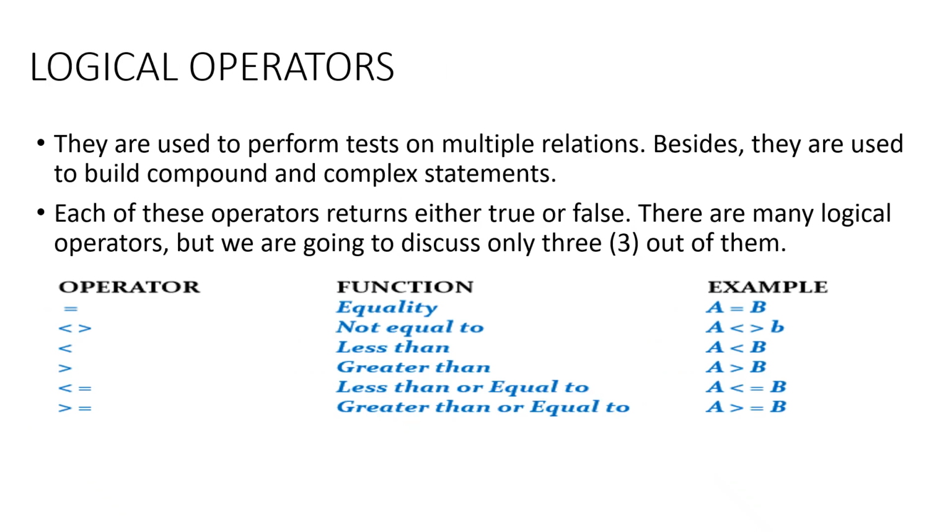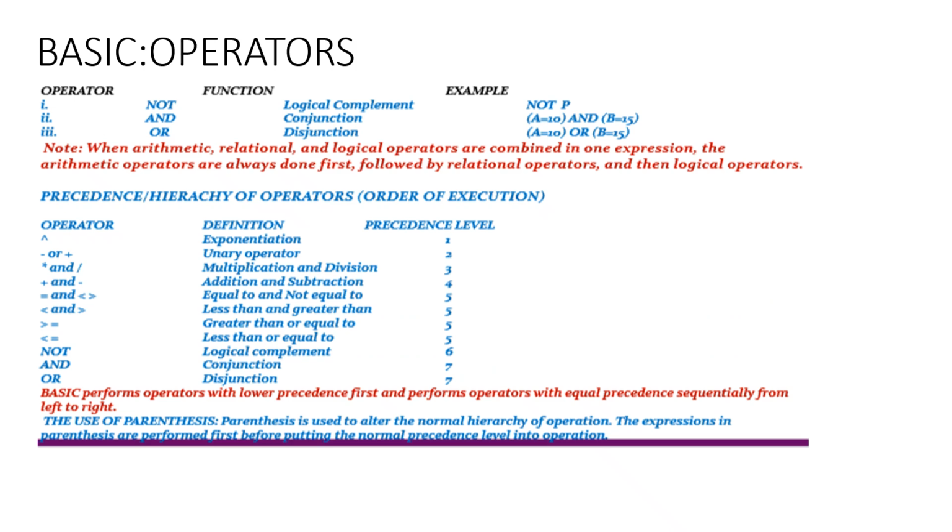Then we have the logical operators. Logical operators are used to perform tests on multiple relations. What they do is that they return either true or false, and these are the examples that we have here.